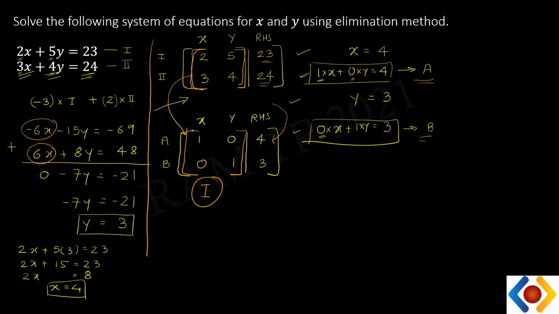Just forget about the right hand side and focus on this part. So if I want the solution for this system of equations, let me just transform this matrix to an identity matrix and I will get my answer. Are you understanding what I'm trying to say? Yes, sir. So let's try to do that.